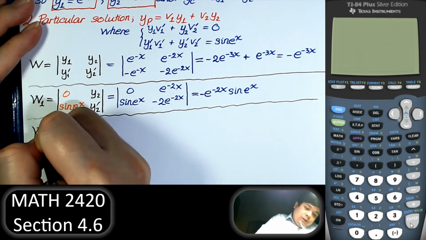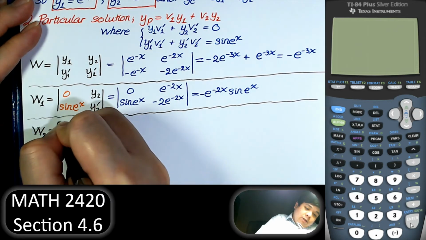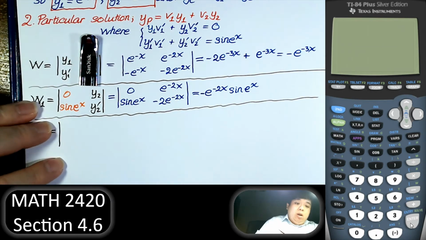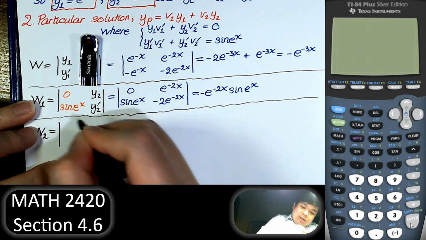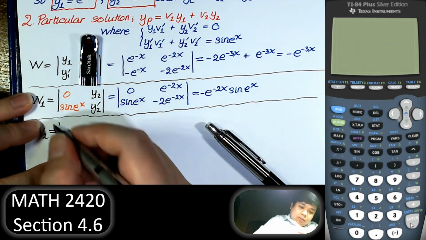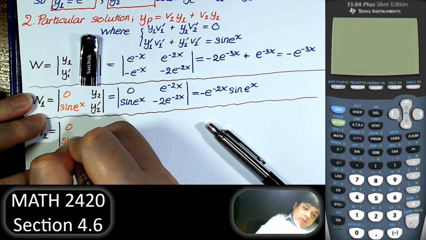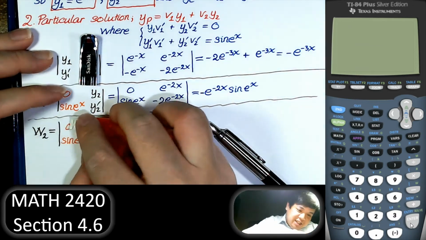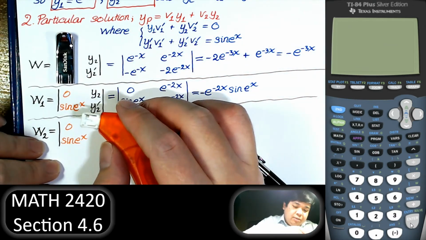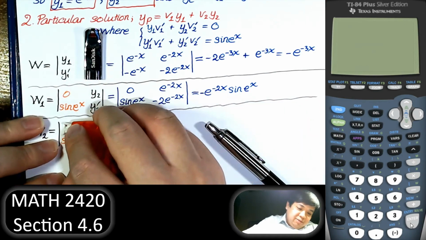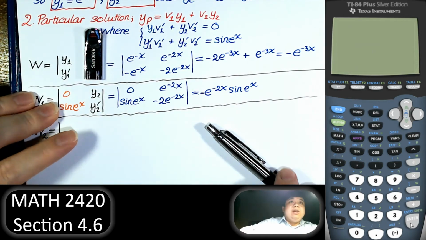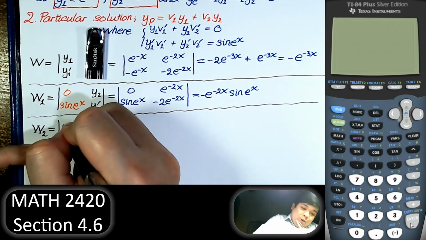W2: replace the last column with y2 prime. Even with all the color code.